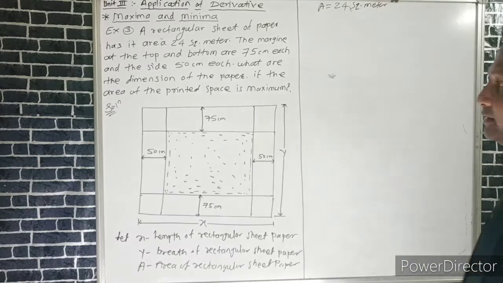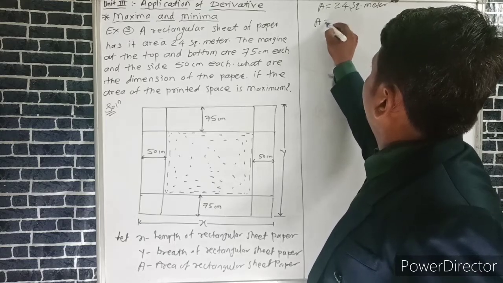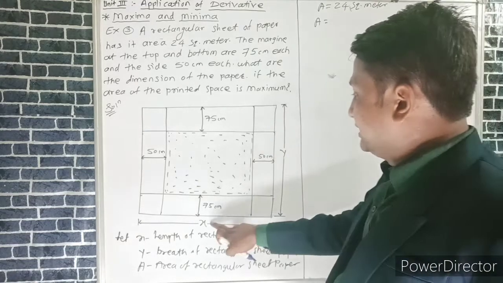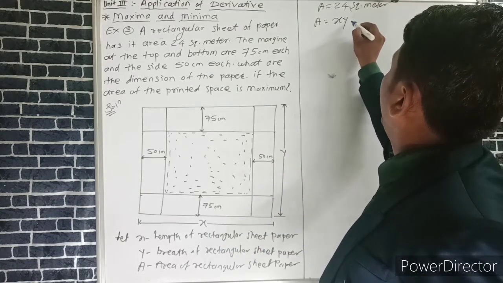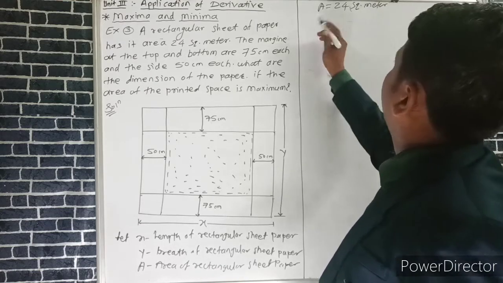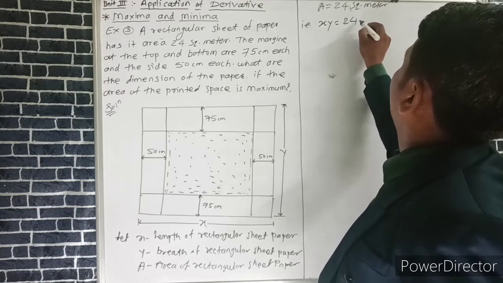We know that the area is length into breadth. Here the length is x and the breadth is y, hence A equals x into y, and x into y is equal to 24.